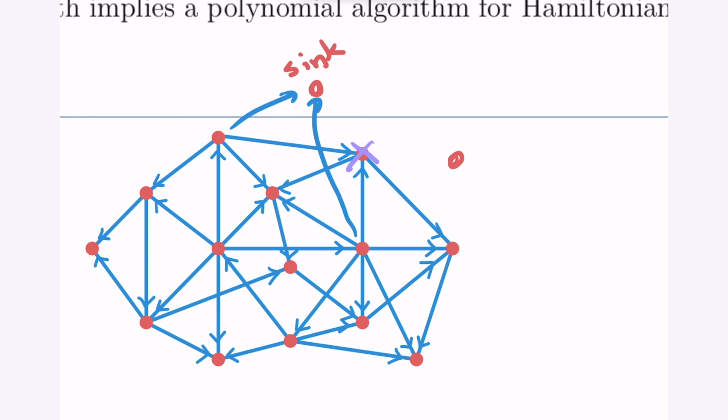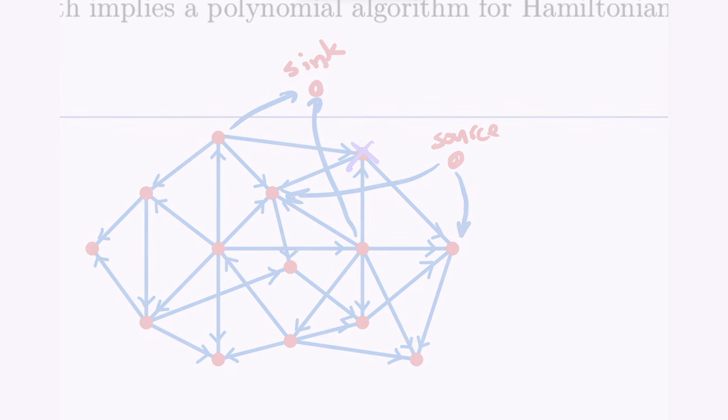And then this one is getting all the outgoing ones, so this will be the source copy because it only has the outgoing. And now if you find a Hamiltonian path in the graph, it has to start at the source and it has to end at the sink.